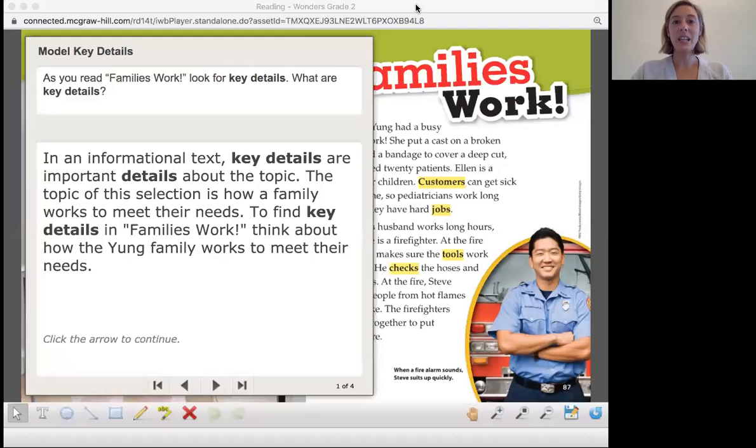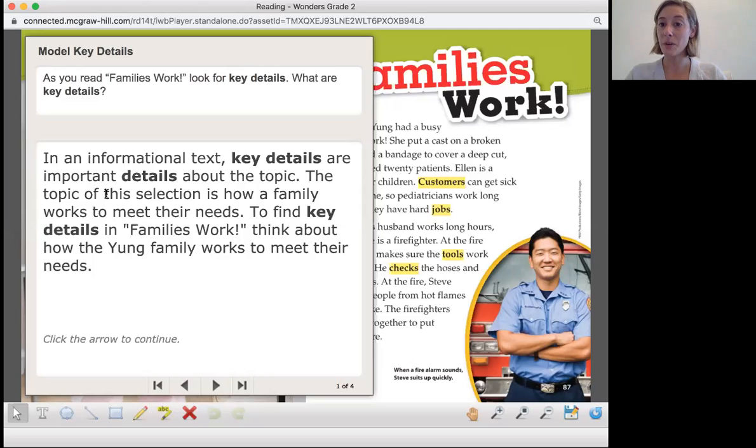All right, so key details. Let me pull it up. Here we go. As you read Family's Work, so yes, we're still working with this text, look for key details. What are key details, for those of you that don't remember? In an informational text, remember that's what this text is, it's an expository text.